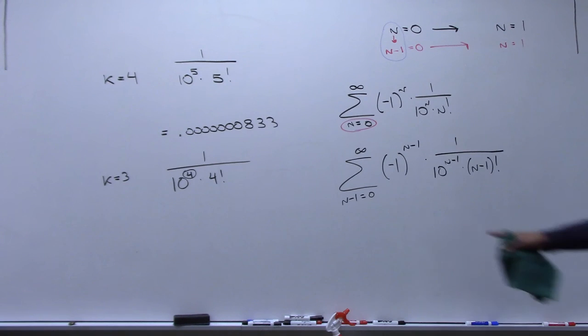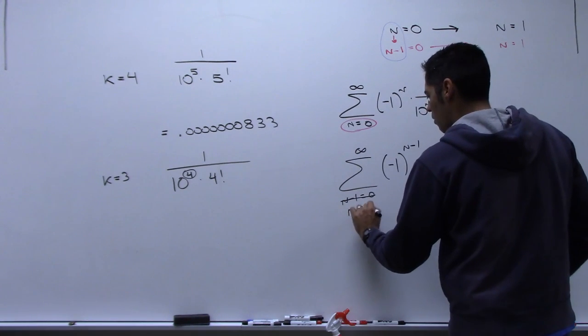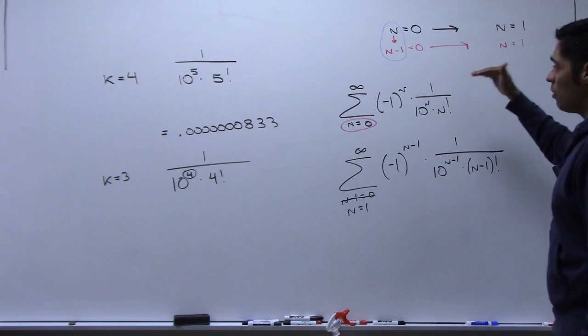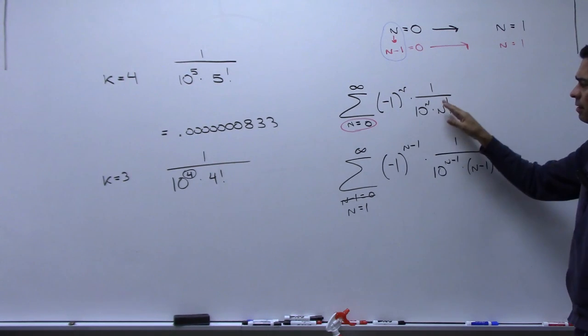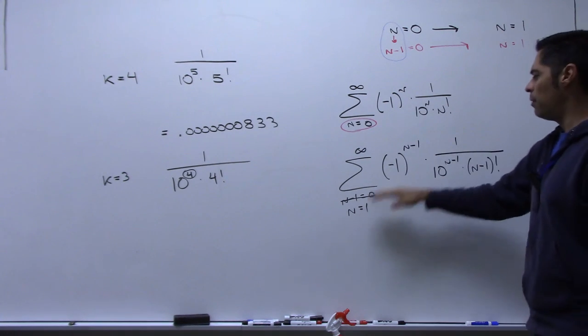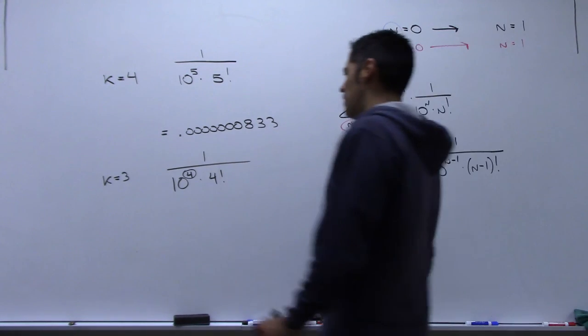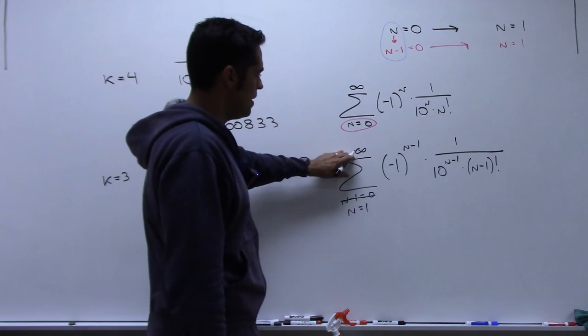And now, remember, this right here really just means n is 1. What I've done is I've converted this whole thing over to a brand new series. It creates the same exact thing that this does. If I plug in 0 here, I'll get the same thing as what I get when I plug 1 in here. But the reason I need this is because I want this sum right here, this k right here, to be 3.